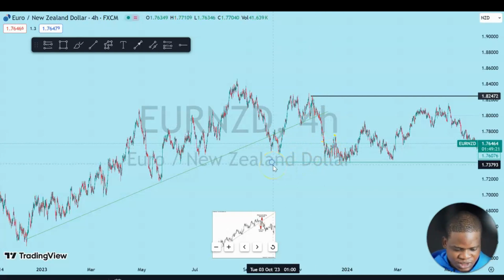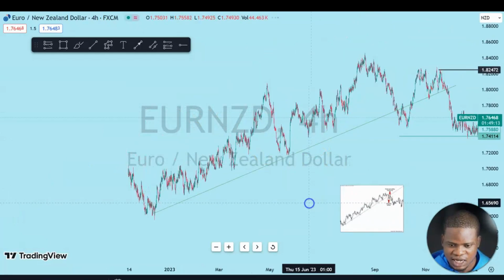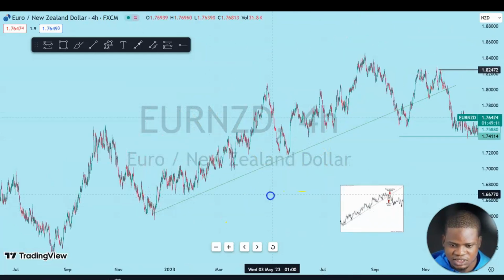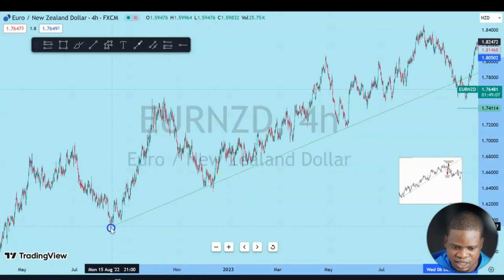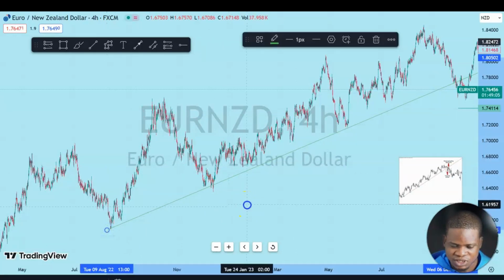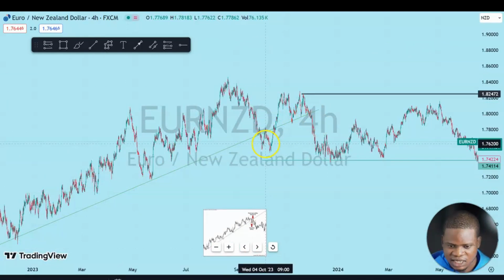Also, a break of a trendline can signal a possible trend reversal. So for example, in this kind of chart, you see that this chart is in an uptrend. Looking at this particular trendline I have drawn, the market is in an uptrend at this point, and then the trendline broke, actually at this point it broke.